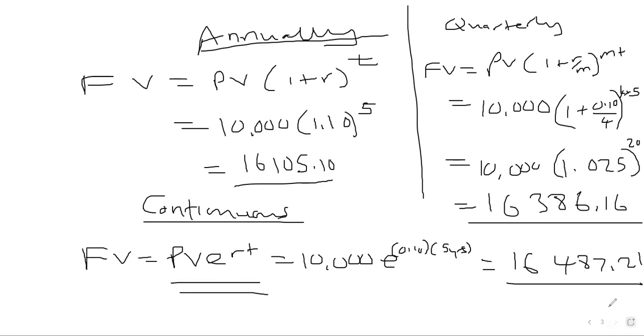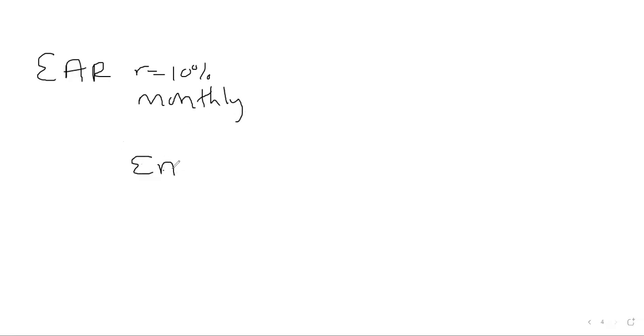This very question you may even be asked to calculate the effective annual rate. So we know our interest rate is 10%. And we're asked to compute the effective annual rate monthly. Effective annual rate doesn't have a time factor. So effective annual rate is simply what? 1 plus R over M, to the power M, minus 1. So in this case, we're going to have 10%.